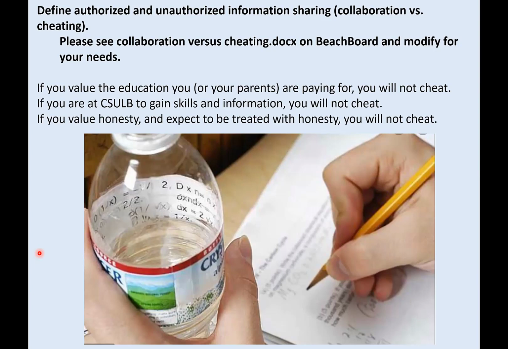All of a sudden, when you think about your parents paying for it, cheating becomes less palatable. If you are here to gain skills and information, you will not cheat. But here, this is really on us. The assessments have to allow them to gain skills as well as information. If you value honesty and expect to be treated with honesty, you will not cheat. That kind of goes without explanation.